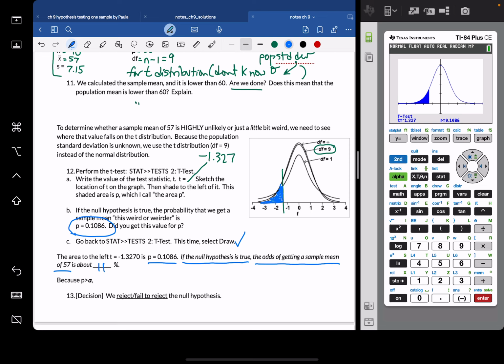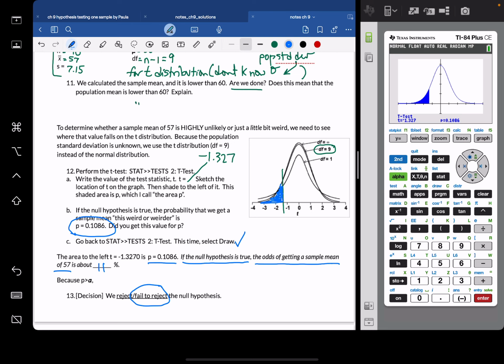Now that area P is bigger than alpha. We are going to fail to reject the null hypothesis. It wasn't weird enough. We needed to get an area P that was smaller than 0.05, and we didn't. So we're not as suspicious as we need to be to reject the null hypothesis.